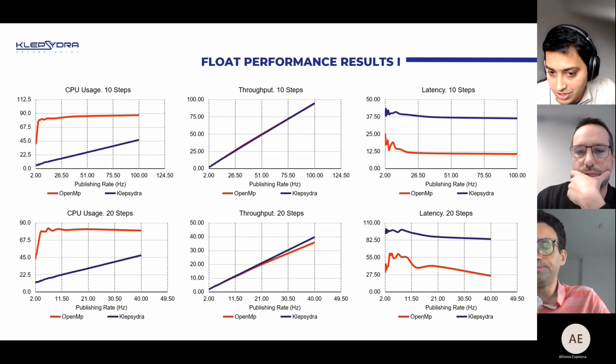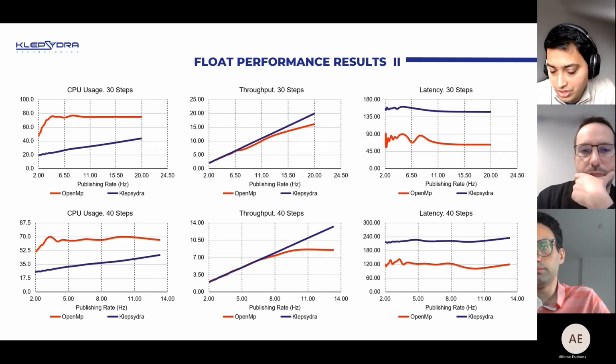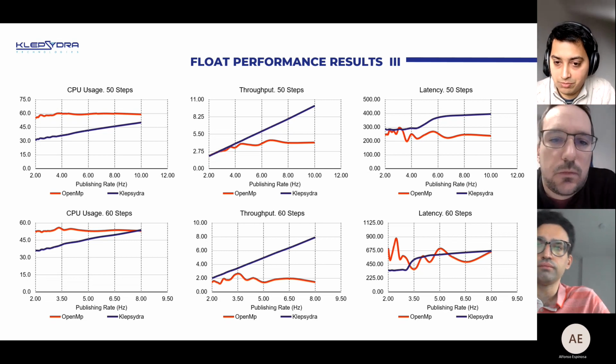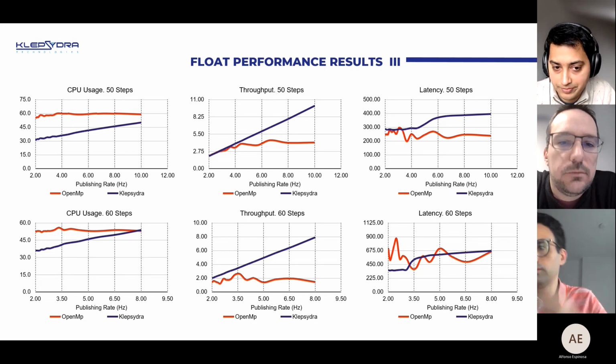Where you see the performance really shine is when you start increasing the number of steps, and you see that Klepsydra becomes better at handling higher throughput while keeping the CPU, let's say, reasonable, linear. Whereas with OpenMP, you quickly hit the limits, and then you cannot process any more data.